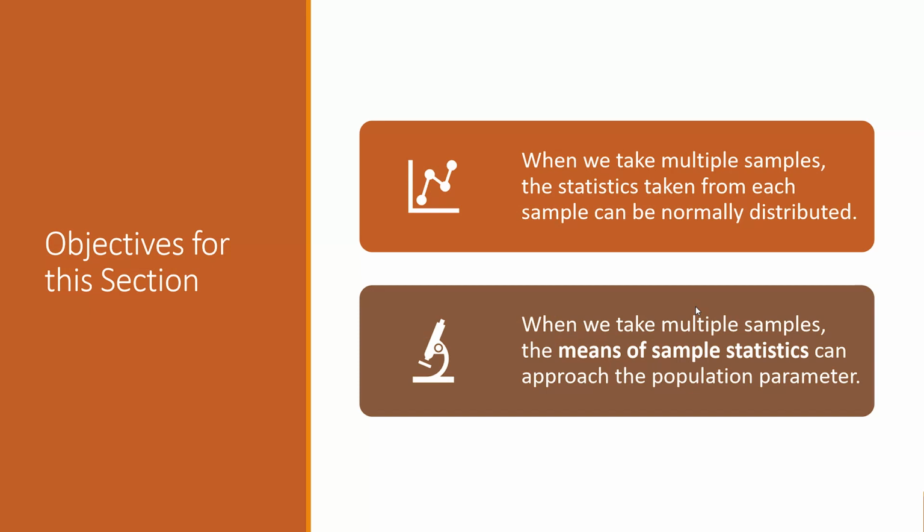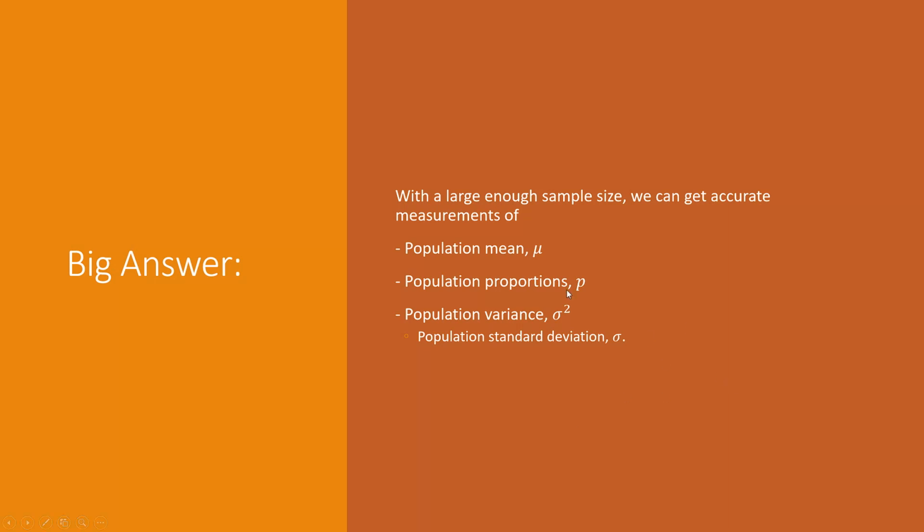So what I want you to get out of this particular series is two big pieces. First of all, I want you all to notice that if we're taking multiple samples, the statistics that we take from those samples will be normally distributed. Well, certain of them anyway. Hint: it's probably going to be for means, proportions, and variance.